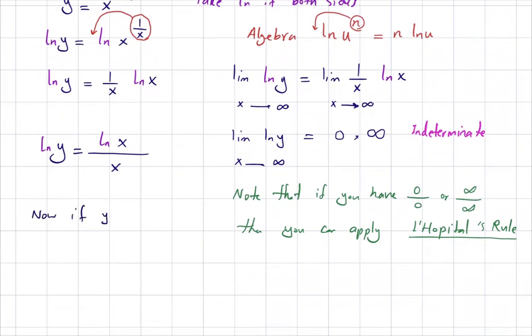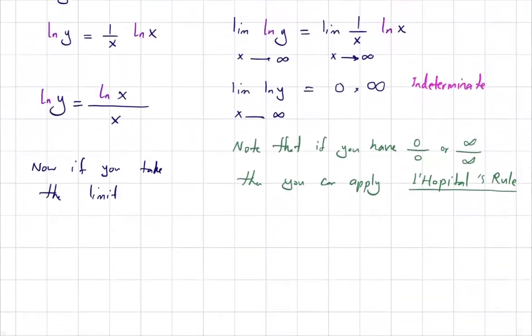Now, if you take the limit of ln of y as x goes to infinity, it is equal to the limit of ln of x divided by x as x goes to infinity. What's the meaning of that?